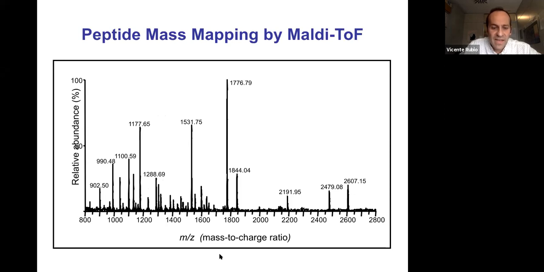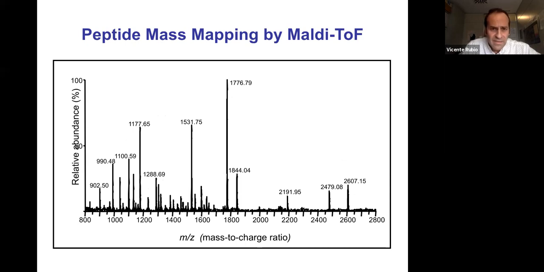So you get this kind of spectra of different peptides separated depending on the m/z ratio, the mass to charge ratio. This is a signature for each specific peptide, and we can identify them and the protein that they correspond to.